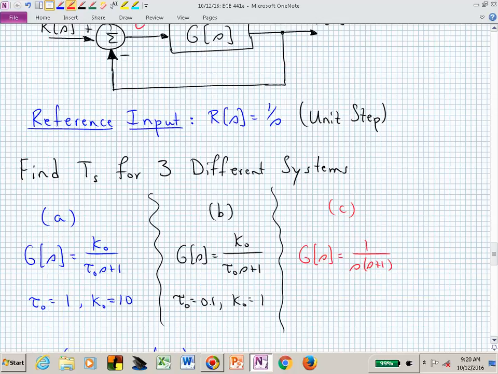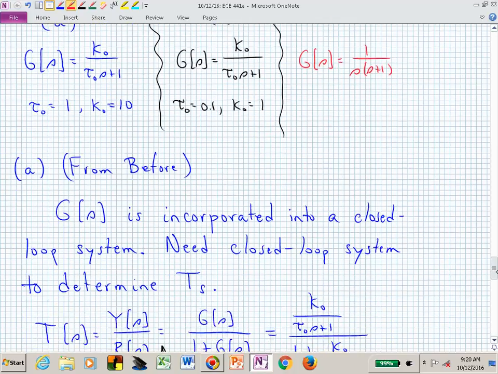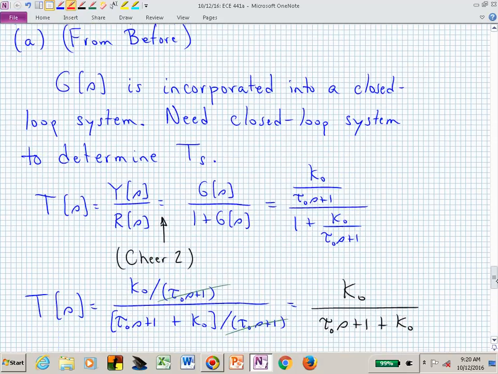Now let's compute the settling time from before. Here's where maybe some of you, when I gave you this, we had a disconnect. I said, what's the settling time? And some of you might have said, well, he gave us G of S, and there's the time constant.